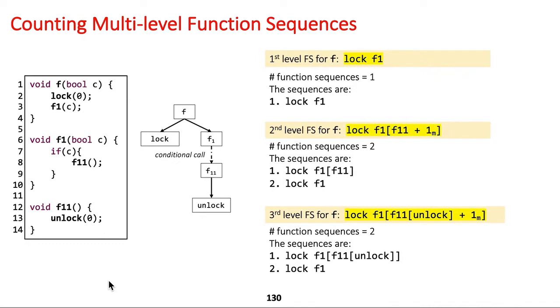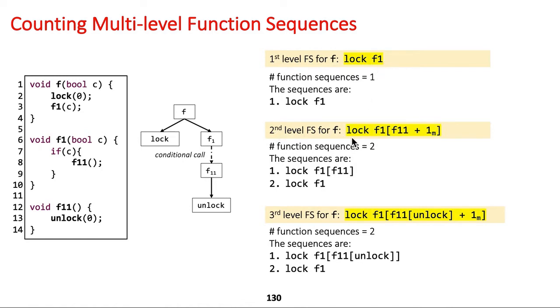Let's now illustrate how to count the number of multi-level function sequences. We have looked at how to derive the multi-level function sequences for this simple example. So we have the first level function sequence for F, which is lock followed by F1.